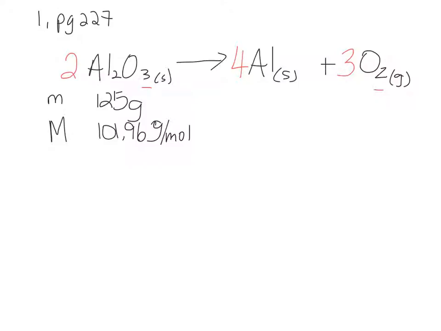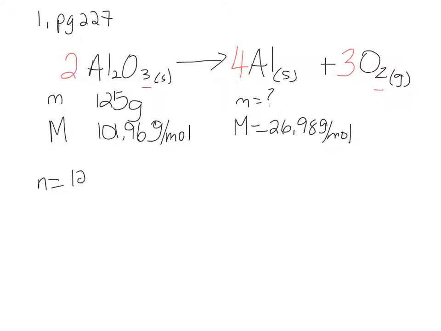And we want to find the mass of aluminum that's produced. The molar mass of aluminum is 26.98 grams per mole. So we have information about aluminum oxide. We need information about aluminum, so we're going to calculate the moles of aluminum oxide.